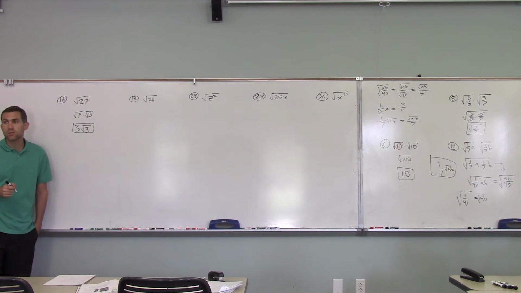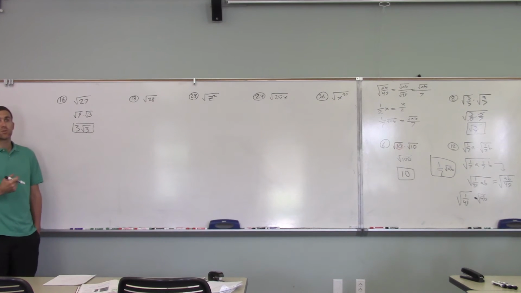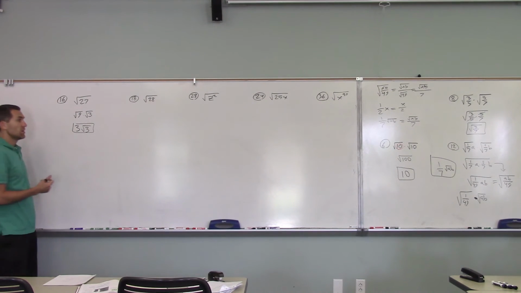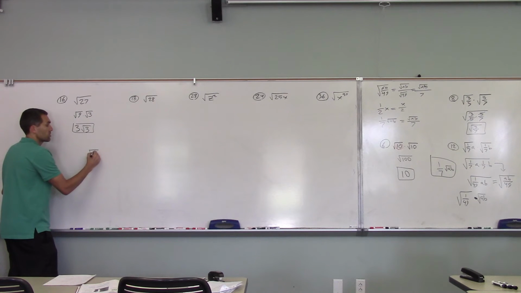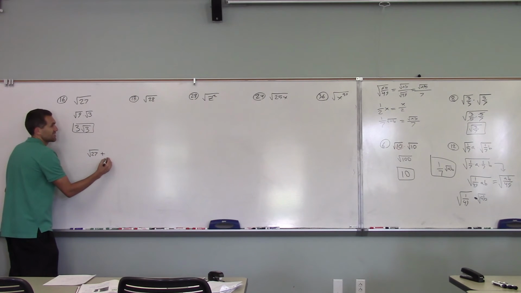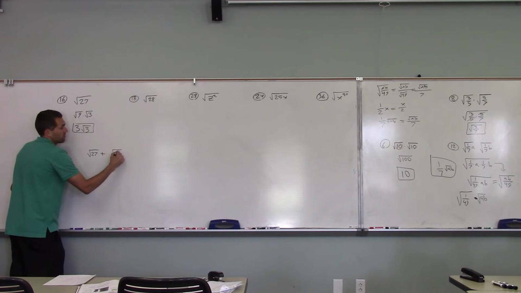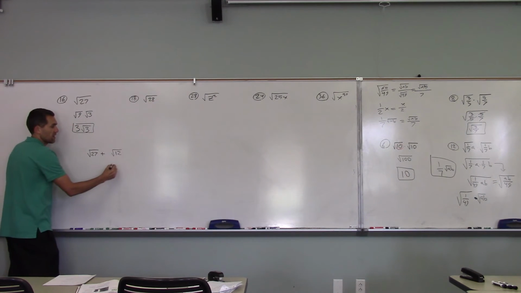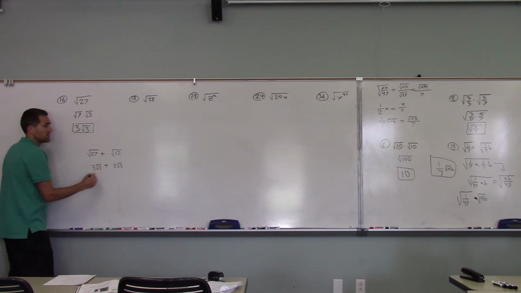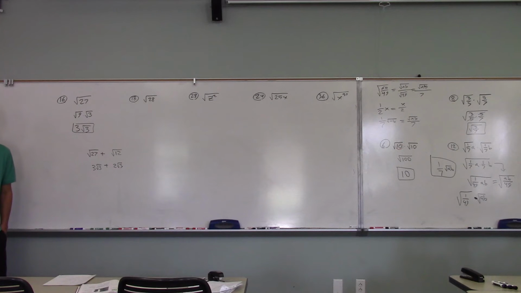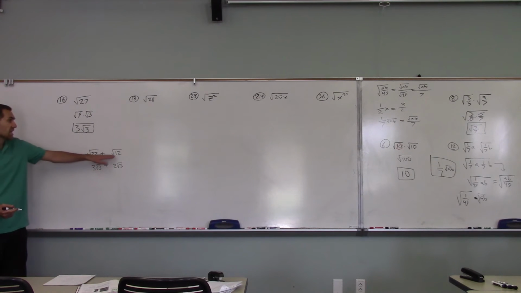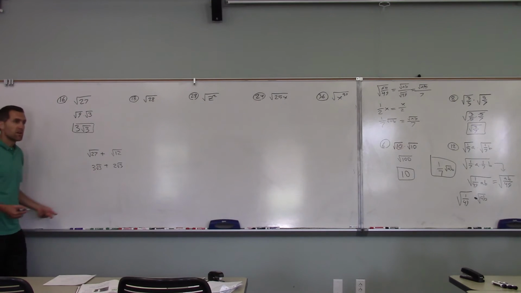Okay, the reason we do this is the very next section, which we'll be doing in about half hour, will be something like square root of 27 plus, let's say, square root of 12, which after we simplify will be 3 root 3 plus 2 root 3, and then we'd say, oh, these are like terms. Right, up here we can't combine anything, but down here, 3 square root of 3's plus 2 square root of 3's is 5 root 3.